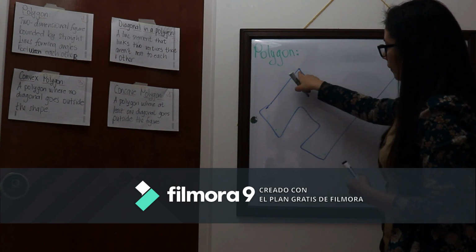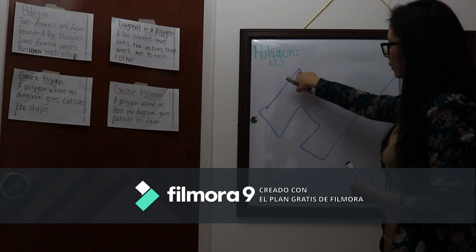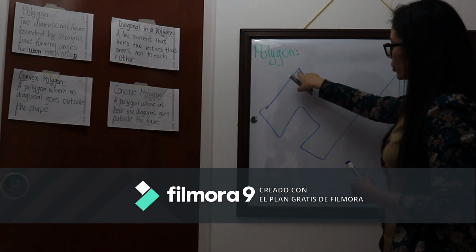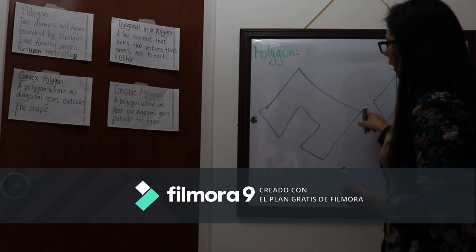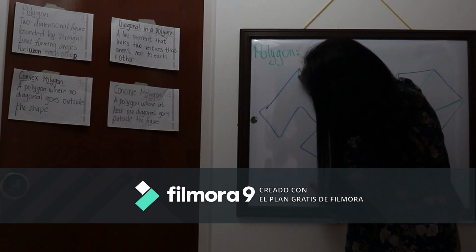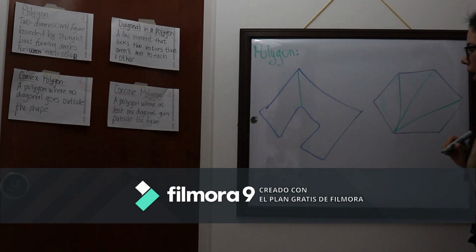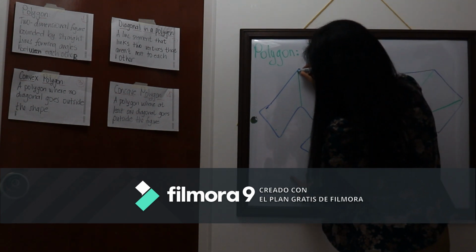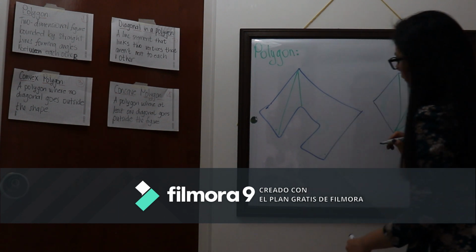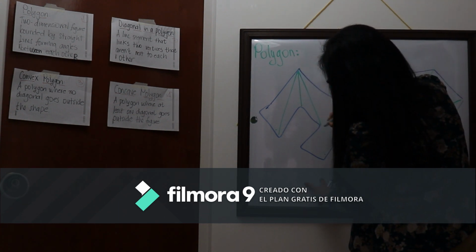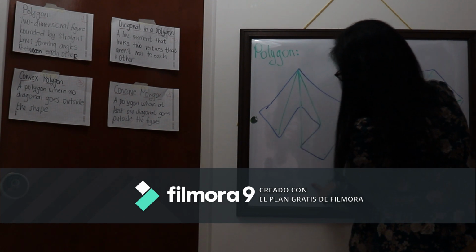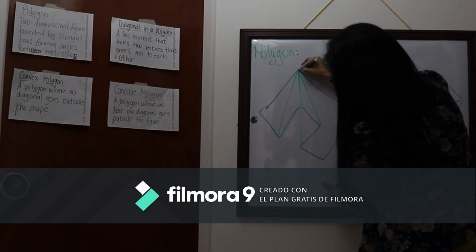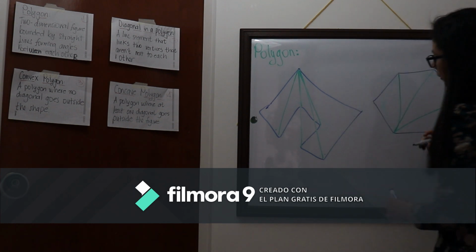If I think about this vertex over here, I know the vertices next to it are this one over here and this one over here. So I can do a diagonal like this going to that vertex. I can also do a diagonal like this, and like this. I can go to this one over here, or I can go to this one over here, right?